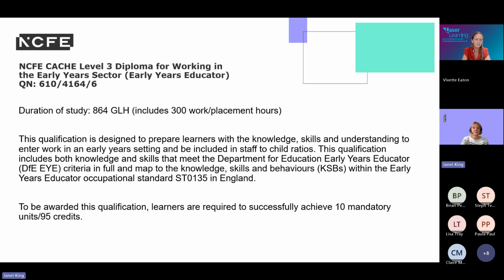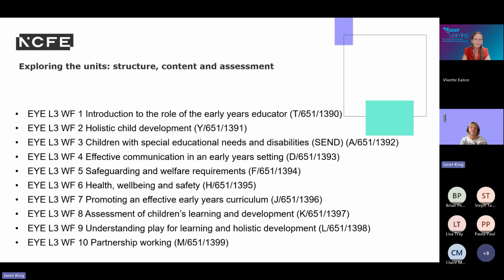So this puts us in the zone, but I know you're all very familiar with the qualification now as it stands. And that Unit 2, holistic child development, is so important when it comes to Unit 8. We did talk about holistic benefits between Unit 2 and Unit 8 when we went through Unit 2. But you can't really do one without the other.